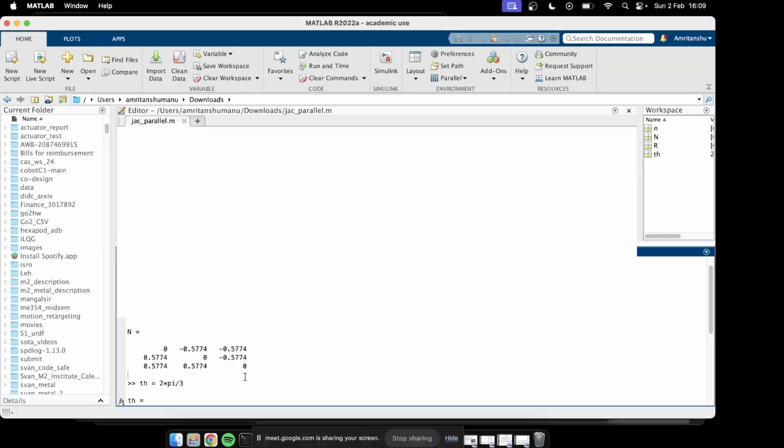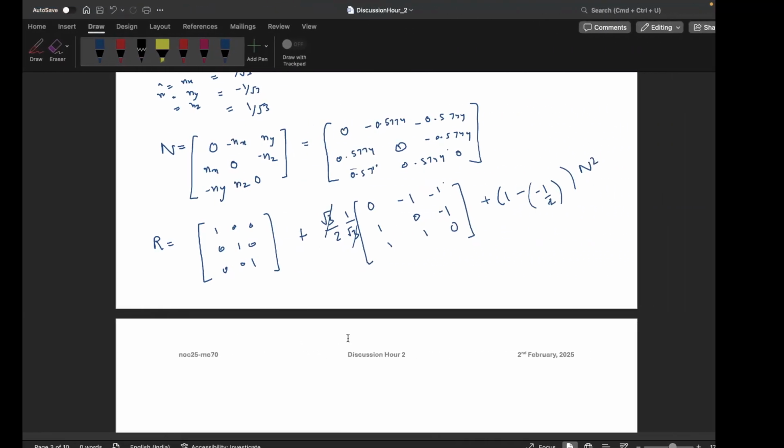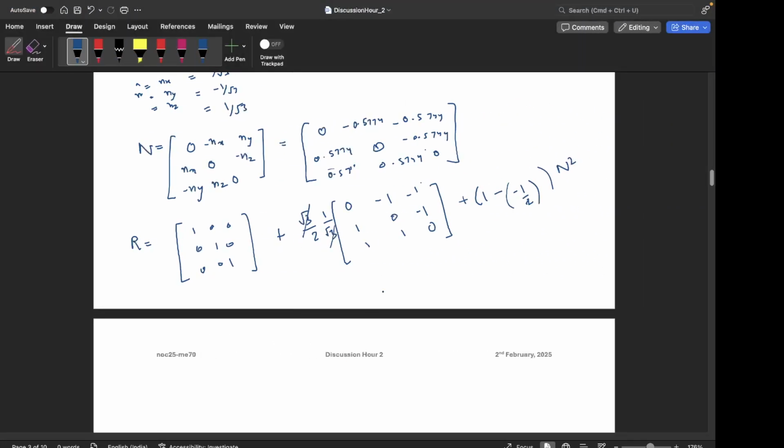Just to save time, I can show you here that theta is 2 pi by 3, and then I calculate the rotation matrix, that is identity plus sine theta into n plus 1 minus cos theta into n square. And this is what I get, that is 0 minus 1 0, 0 0 minus 1, and 1 0 0, which is exactly the same that we got.